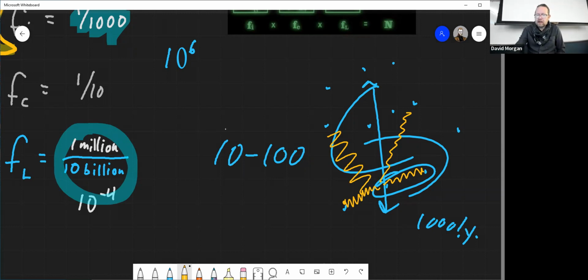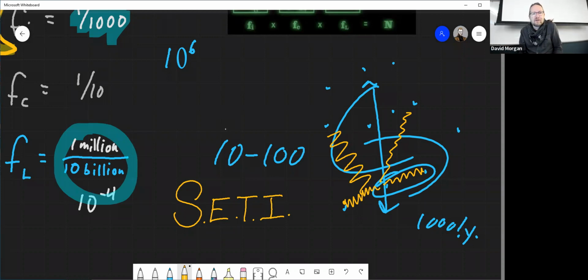The technical name for the search for extraterrestrial intelligence is SETI. And we'll talk about whether anyone thinks this is a worthwhile thing to do, okay? Given that there could be a small handful of advanced civilizations in the galaxy, we'll talk about what some of the implications of that are.